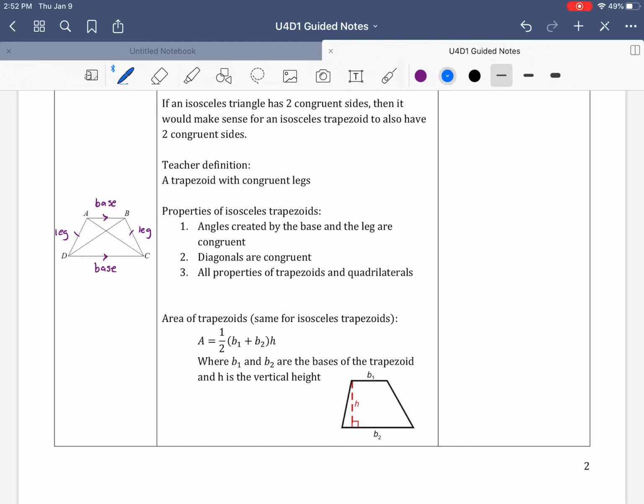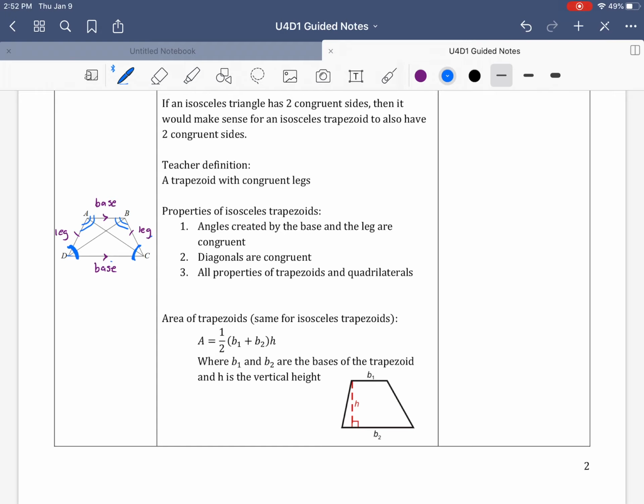So what that means is angle C here is congruent to angle D here. It is the angle that's created by a base and a leg. It creates angle C and angle D. Additionally, we have another angle that gets created by a base and a leg, which is angle A, congruent to angle B.